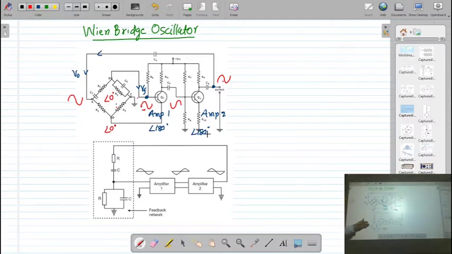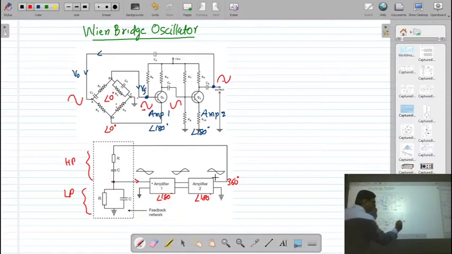Now the same thing is simplified in this diagram. Then you can see that the transistor Q1 is representing the amplifier 1, Q2 is representing the amplifier 2. This amplifier is providing 180 degree, this is also providing 180 degree, so the total phase at this point is 360 degree. Now this signal is given to the Wien bridge, and here this is your high pass filter, and this one is your low pass filter. Now the output of the Wien bridge is connected to the input of the amplifier circuit.